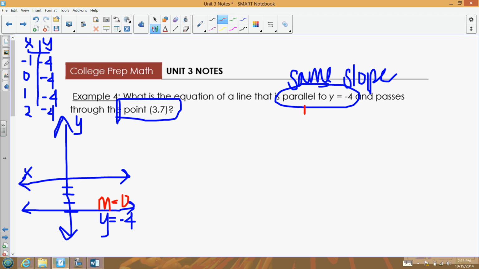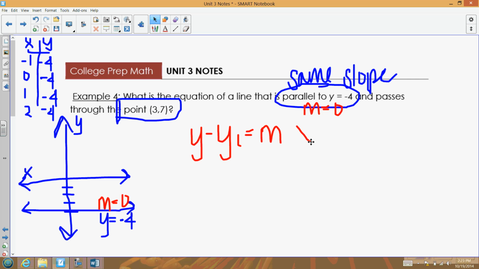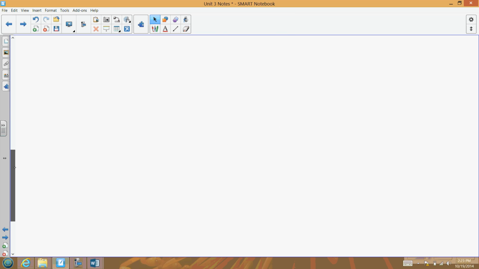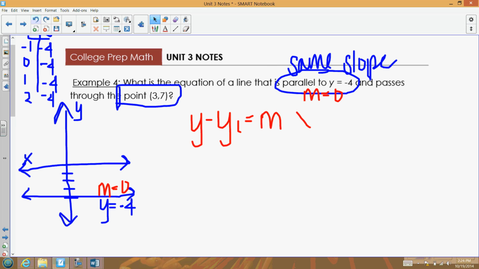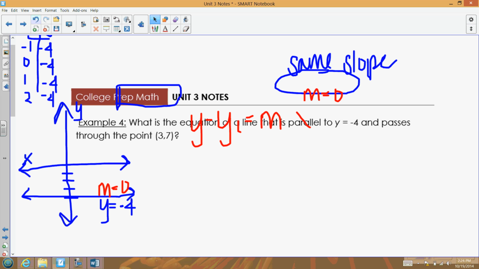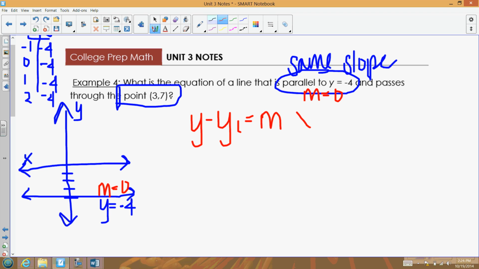So that means the slope has to actually be 0, and it needs to pass through the point 3, 7. So again, you can use point slope form because you're given a point and you're given the slope.